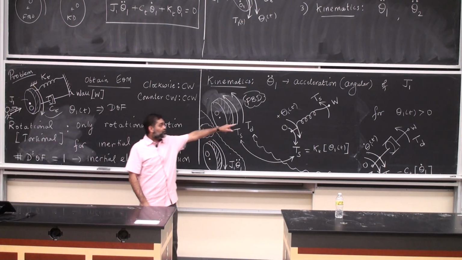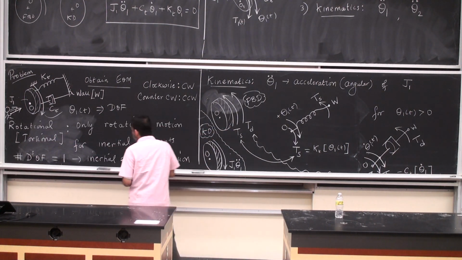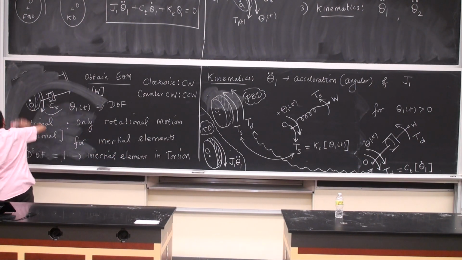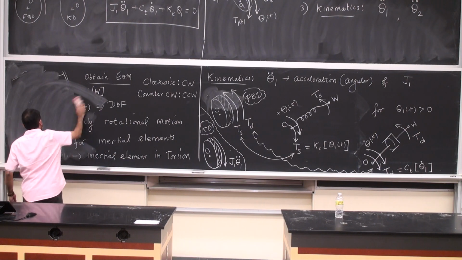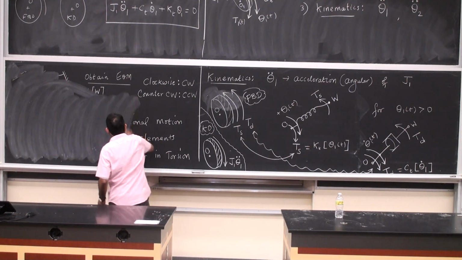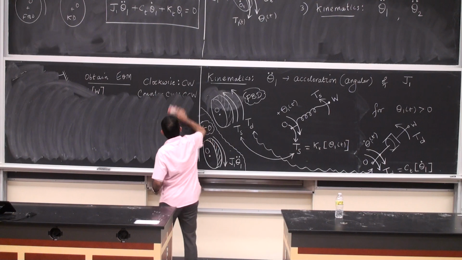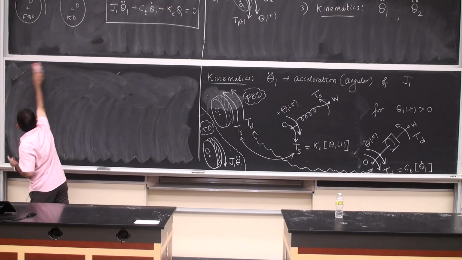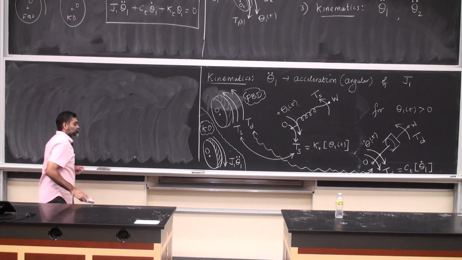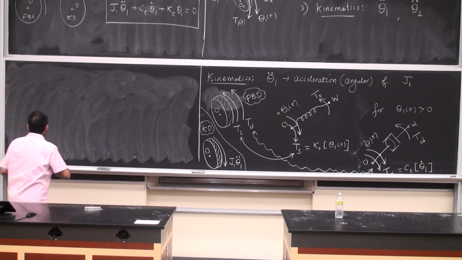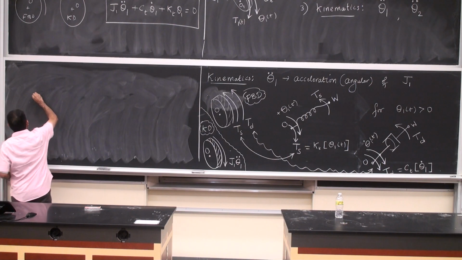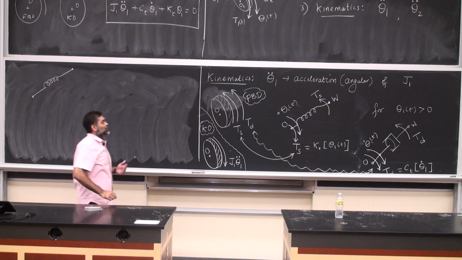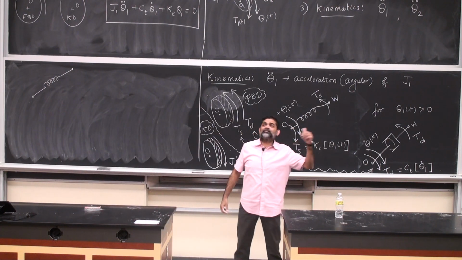I'm going to keep this figure in front of us. Erase the rest of it. All right. I draw the spring. Okay. I call one end of the spring as O1, the other end as O2.